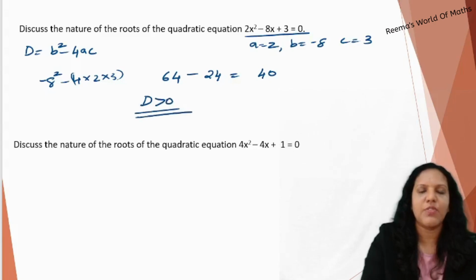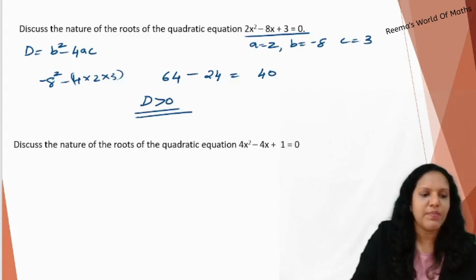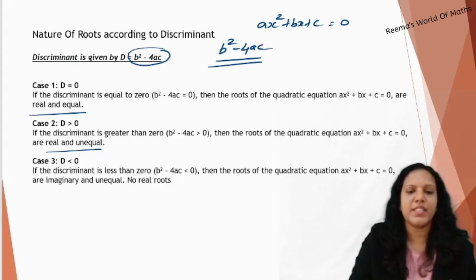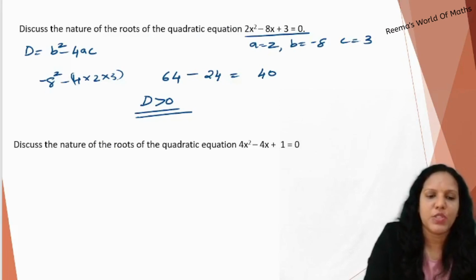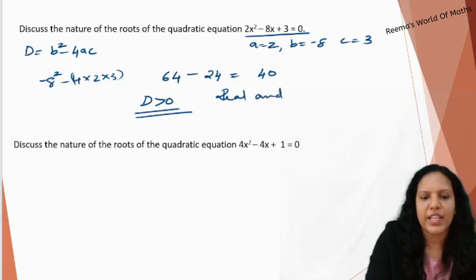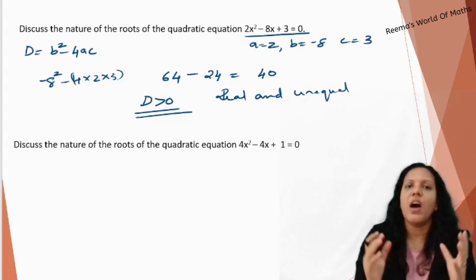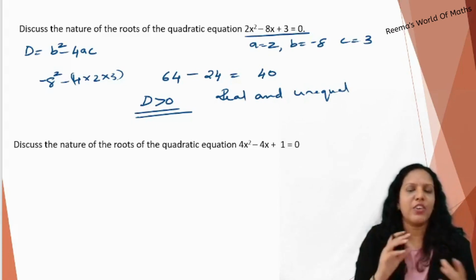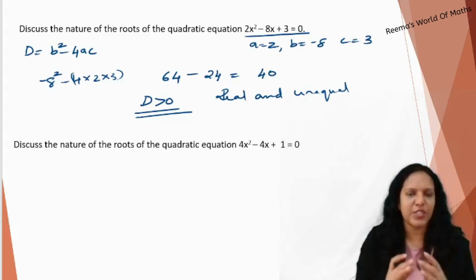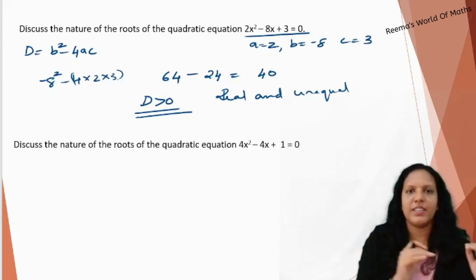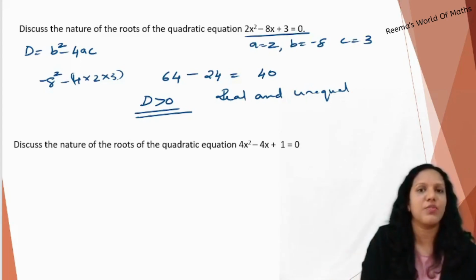In this condition, what will be the nature of the roots? If the discriminant is greater than 0, then the roots will be real and unequal. So the nature of the roots will be real and unequal. So it will have two different solutions. As you know, a quadratic equation can have at most two solutions according to its degree. The roots are directly connected to the degree of the quadratic equation.